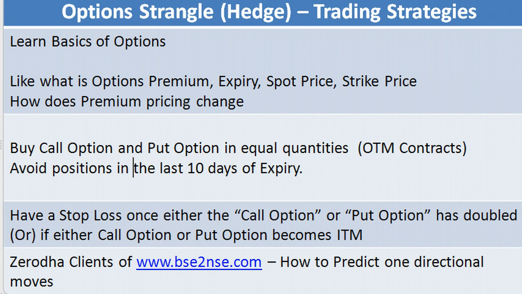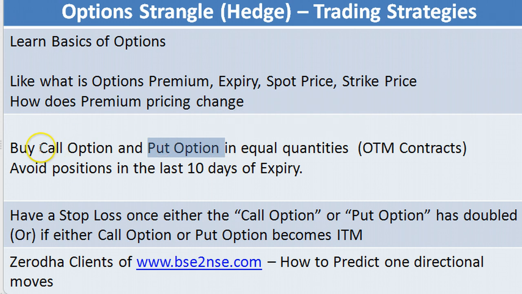Normally traders would want to bet one way, meaning they take tips from somebody or they try to predict which way markets are going to go, and they buy only a call option or a put option. They don't buy both. But in this strangle or hedge strategy, you will buy both in equal quantities, or you will invest amounts equally, meaning you will pick a call option contract which is trading at probably 100 rupees, and you will also pick a put option contract which is trading at 100 rupees.